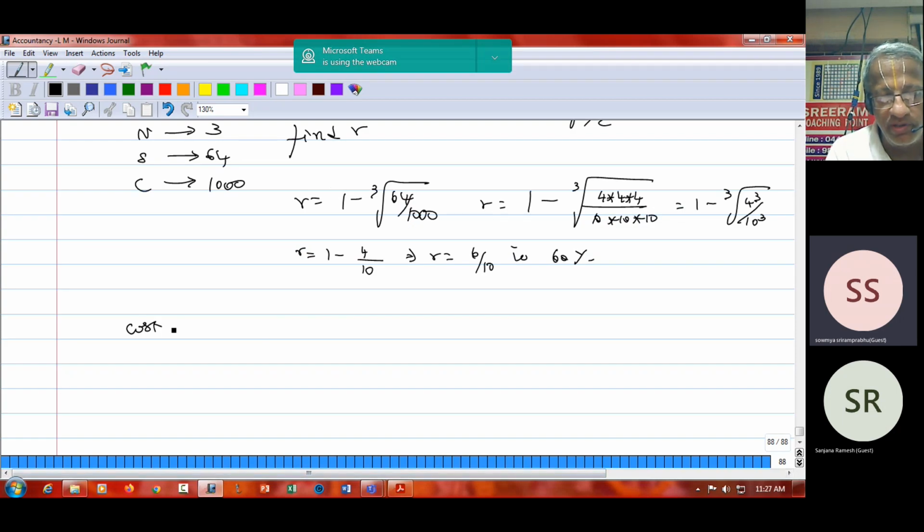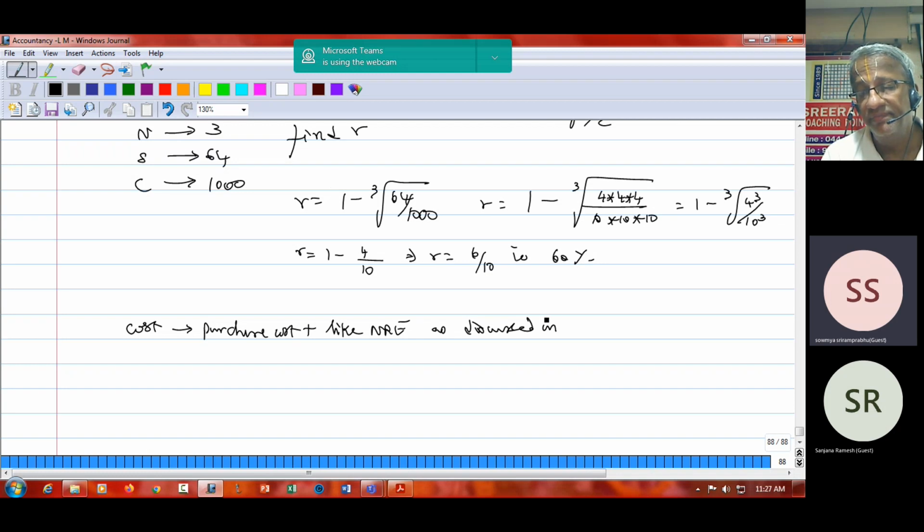What do you mean by cost? Cost is purchase cost plus any expenses like non-recurring expenditure, as discussed in consignment: installation charges, carriage, duty, freight.